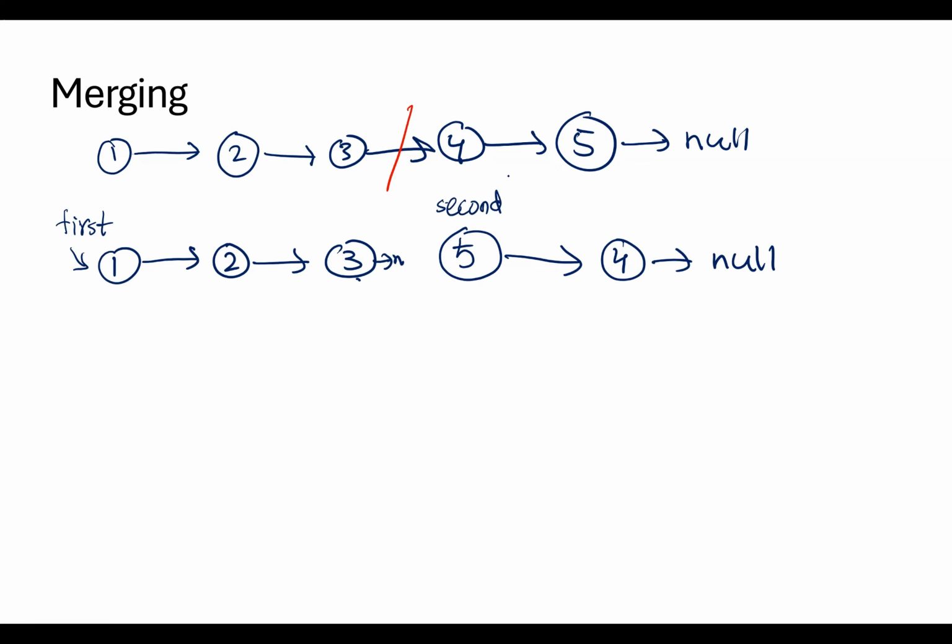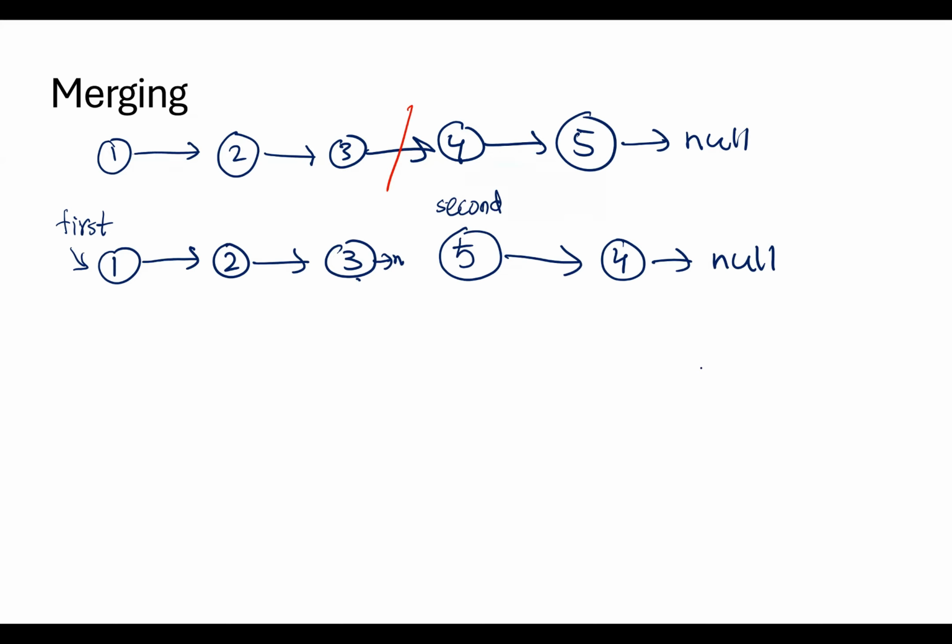Okay, so if I can actually make a link to this, right? Make the second as the next of first. But for that, I have to erase this, and then I will lose track of this. So first I have to save this again, right? So let's save this.